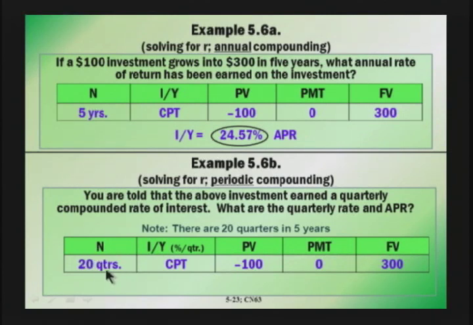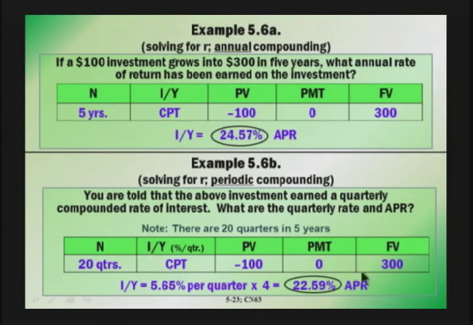Write down quarters though, so you remember you're working in quarters. That way when you compute your IY, you'll remember that that is the rate per quarter that you have just computed. And most likely we're going to want our answer to be in terms of the rate per year, the APR. So whatever quarterly rate I compute here, I'll need to multiply by 4 to represent it as an APR.